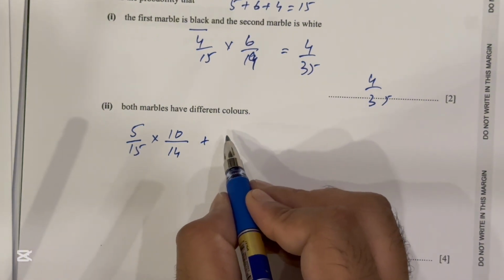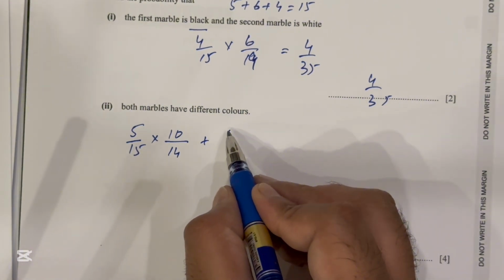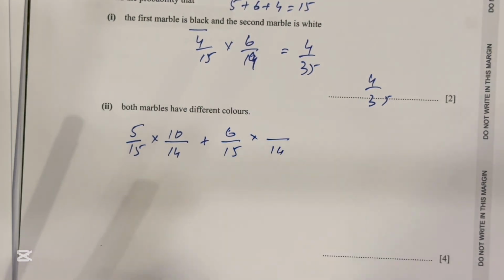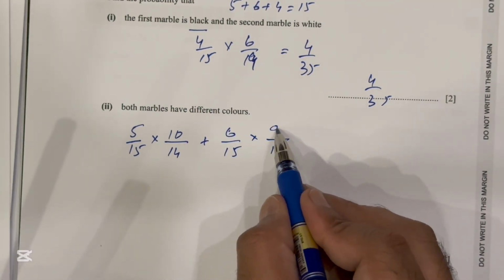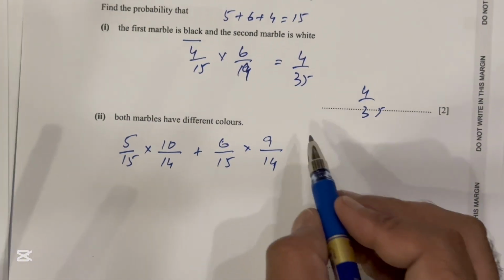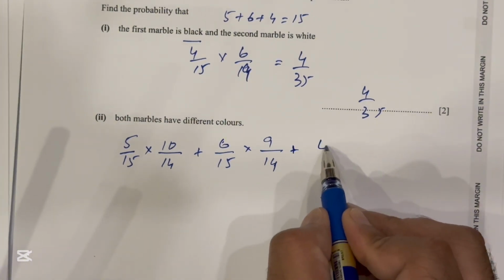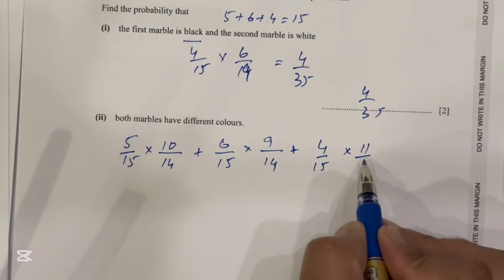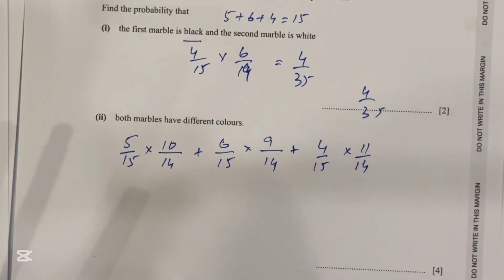Next, if I pick a white marble, white marbles are 6 by 15, and again the pick would be 1 less, and 15 minus 6 would be the rest of the colors other than white. And if I pick black marbles, 4 by 15, and 15 minus 4 would be 11 by 14.